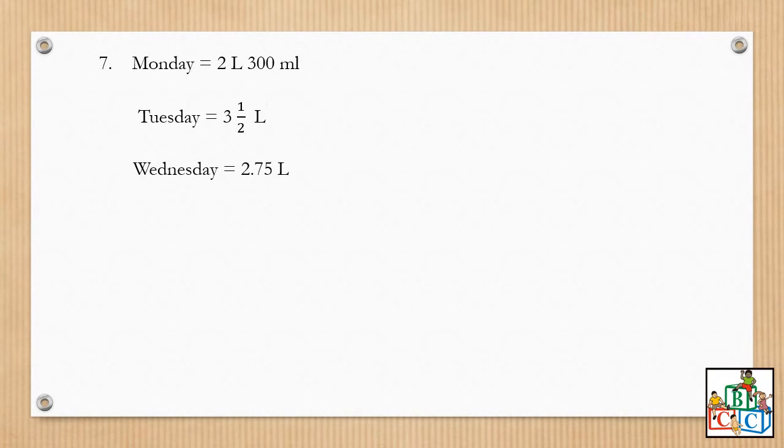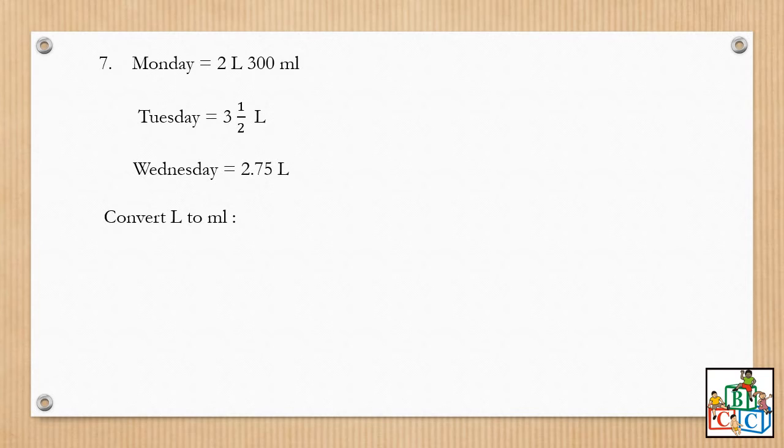On Monday, the baker uses 2 liters 300 ml of milk, on Tuesday 3.5 liters, and on Wednesday 2.75 liters. So here what do you see? What can you observe? There are both liters and milliliters. So you have to work out all together in the same measurement. What you can do is convert liters to milliliters.